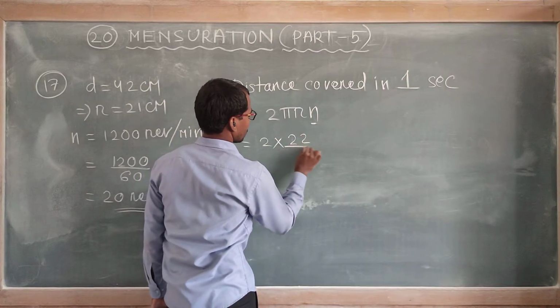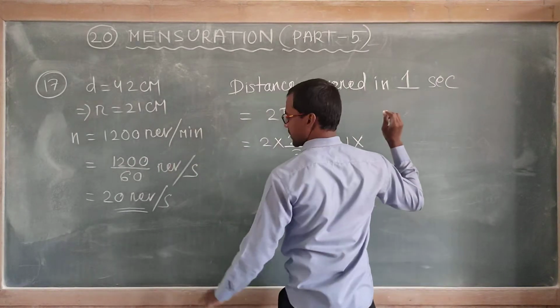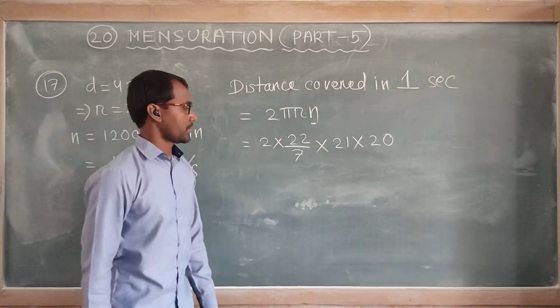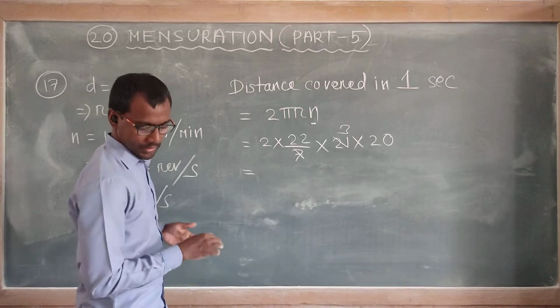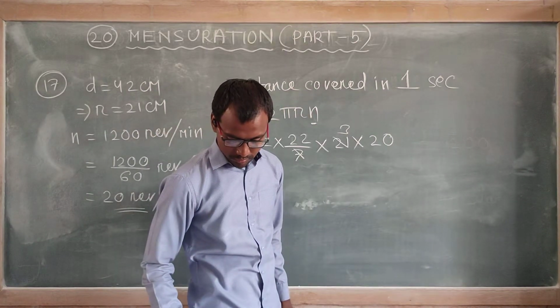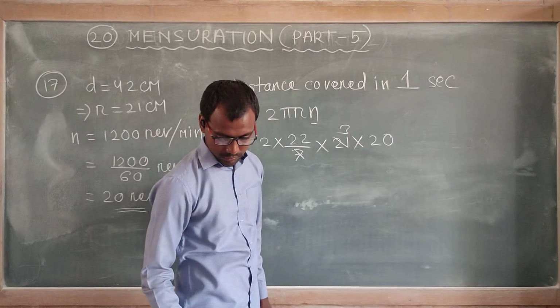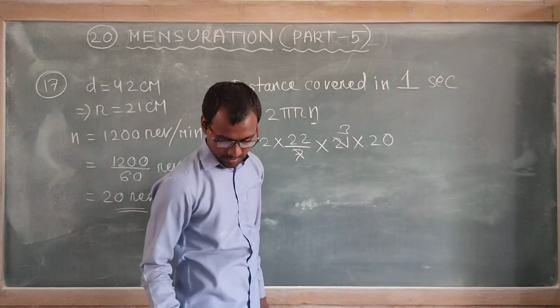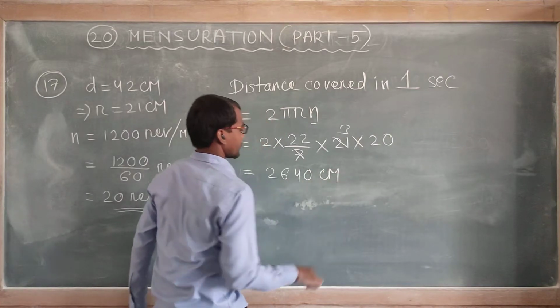2 into 22 by 7, radius is 21, and the number of revolutions in 1 second is 20, which we have already found. So 7 into 3, now this is 44 into 60, 2640 cm.